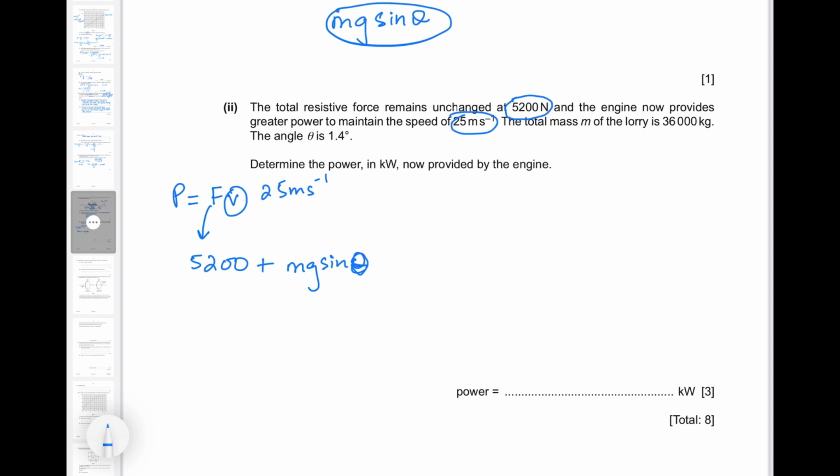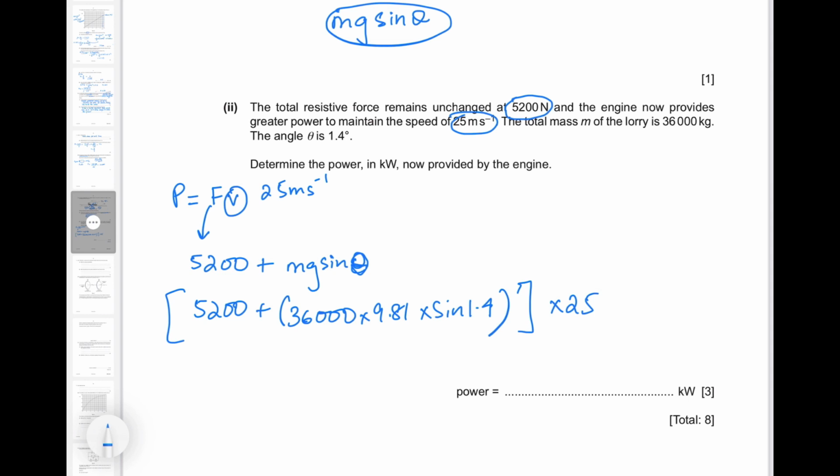So mg sine theta would be 36,000 multiplied by 9.81 multiplied by sine 1.4, and then you would multiply this force with 25, and this would lead to 350 kilowatts of power.